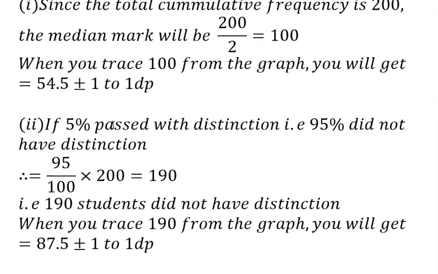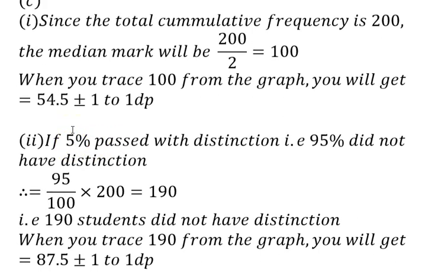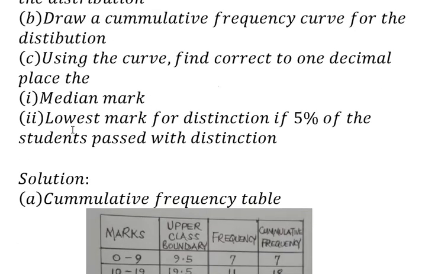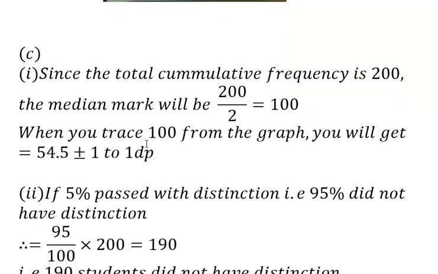Now, the second part of the question says we should, from the curve, find, correct to one decimal place, the lowest mark for distinction. If 5% of the students pass with distinction, that means 95% of those students did not pass with distinction. That's the meaning.